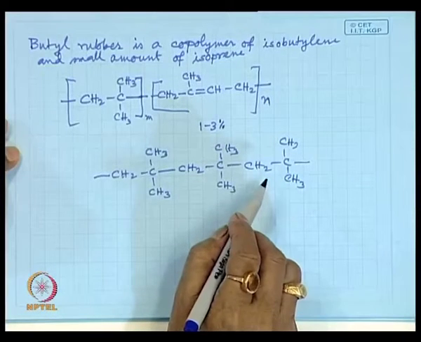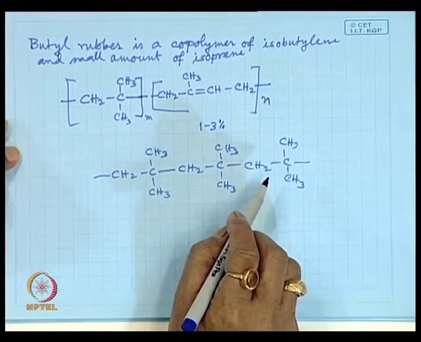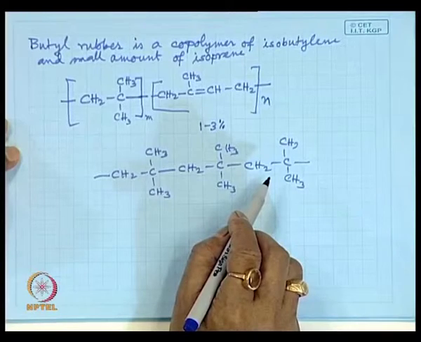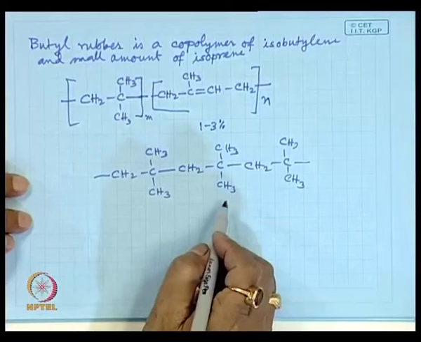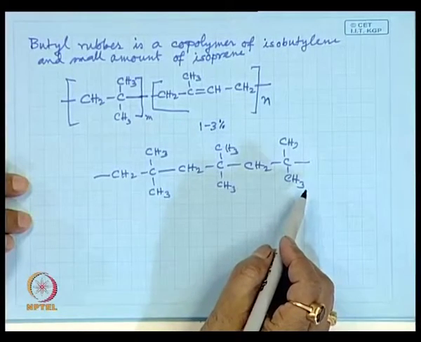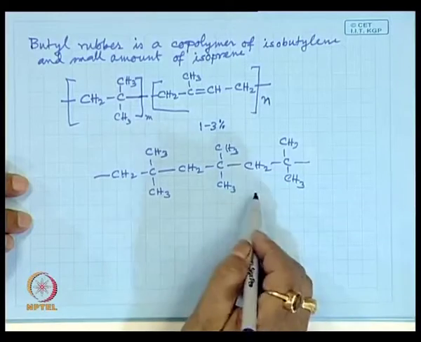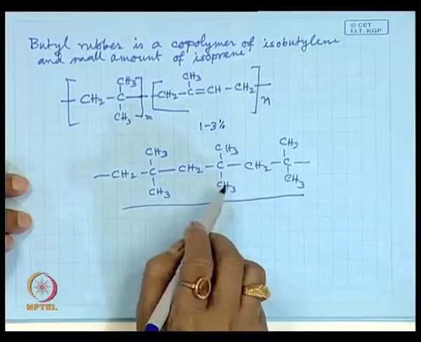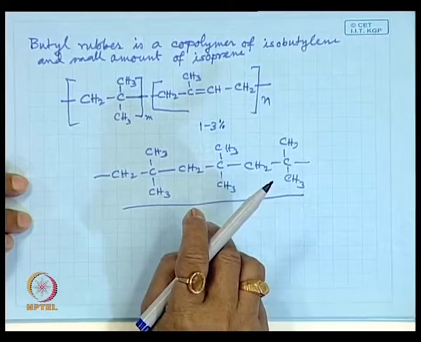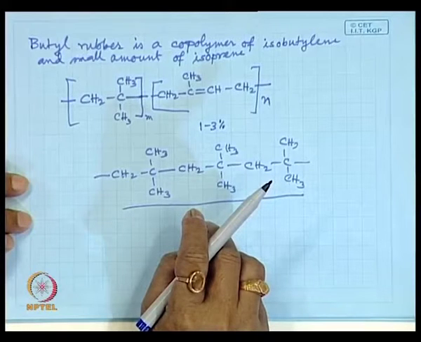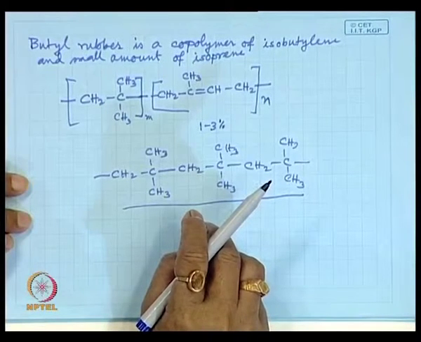So, it is a saturated thermoplastic polymer, and a very good characteristic of this kind of polymer is that because of this symmetric configuration, the gas permeability of this polymer is low, and this low gas permeability property is exploited in automobile tire tubes.